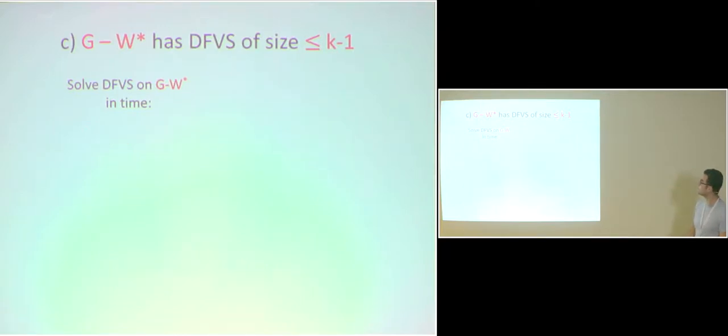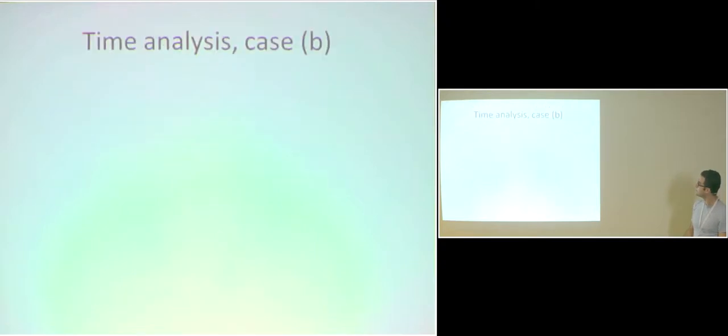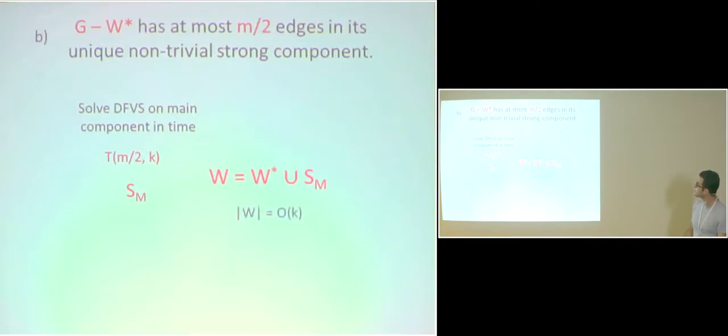In case B, did we totally forget about the non-trivial vertices? For example, here, in this case, yes? So here you have the unique non-trivial component and S_M is a solution there. So all I'm trying to prove at this point is that W is a feedback vertex set of the entire thing. I'm not trying to find the actual optimum solution.